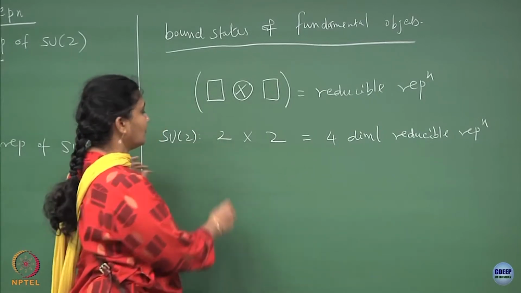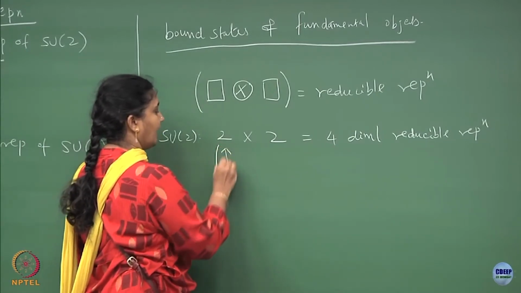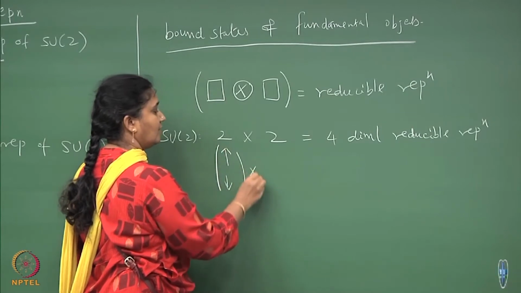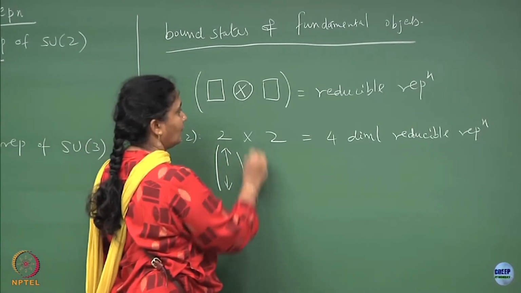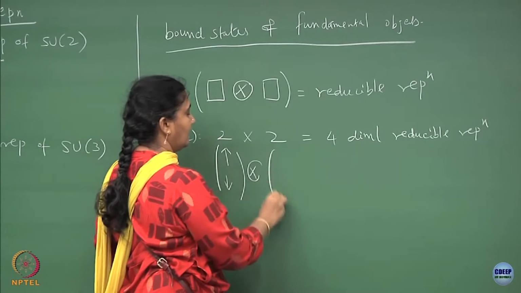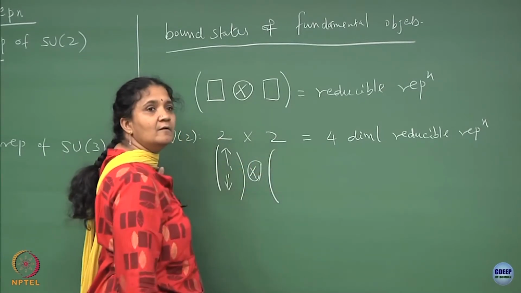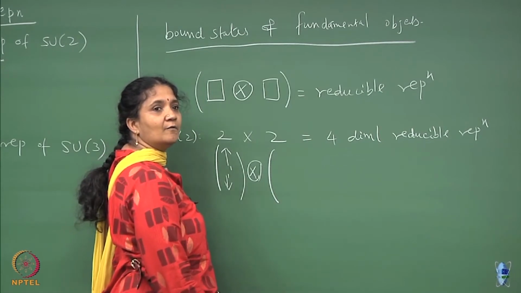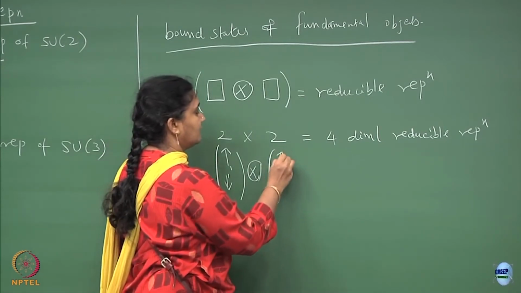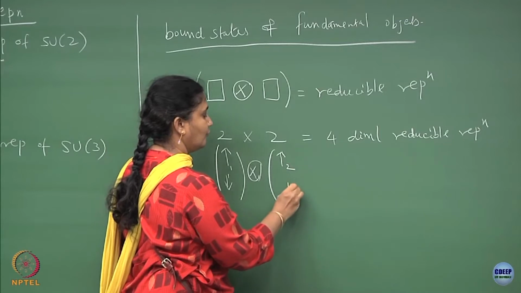So, you can see this also as if I have an up and down state for this case, and another one with a subscript for particle 1, and this one as particle 2.